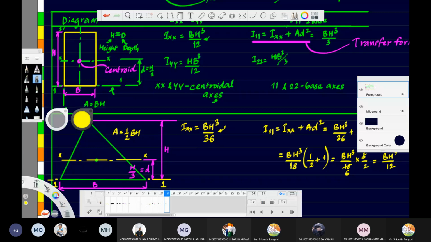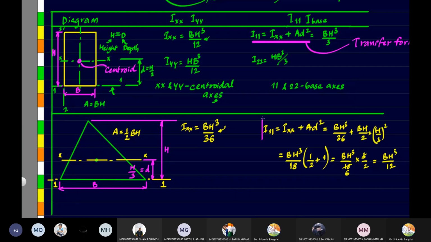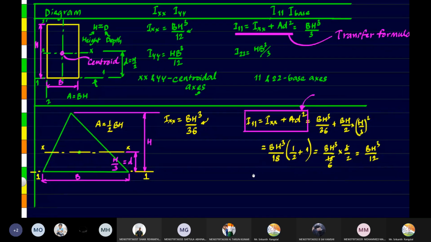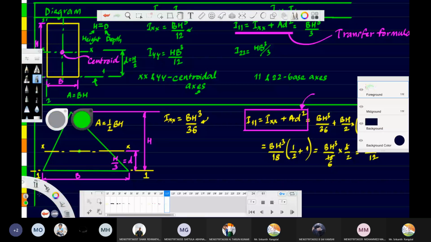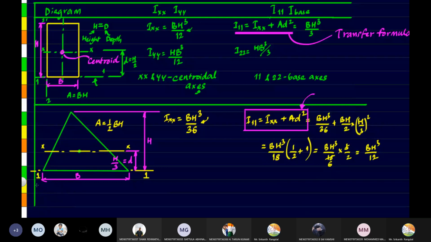So remember the transfer formula. If you know the transfer formula, and suppose after solving everything in the exam you have time, you can just do the derivation and find out. Always connect the formulae together.